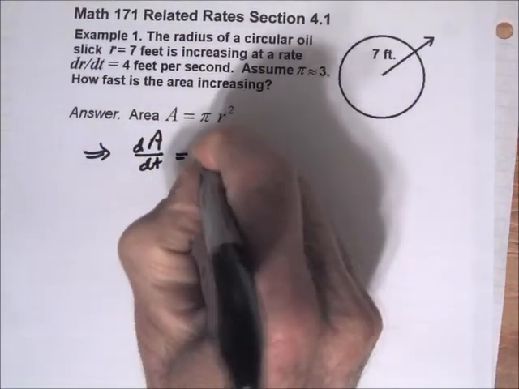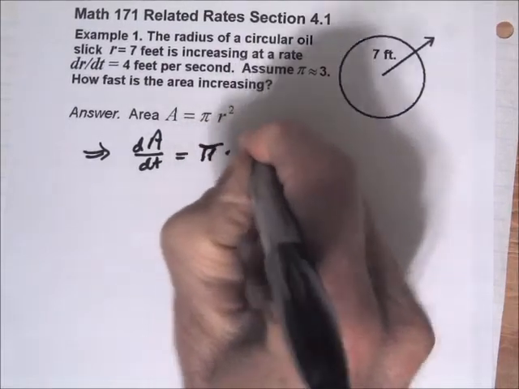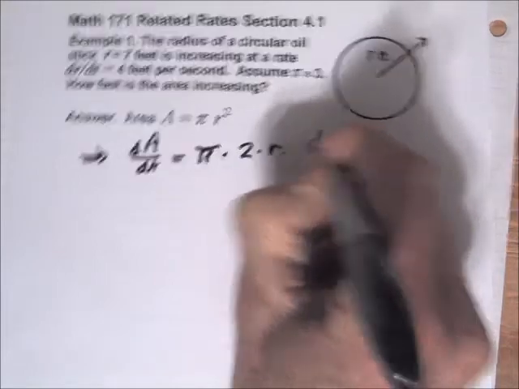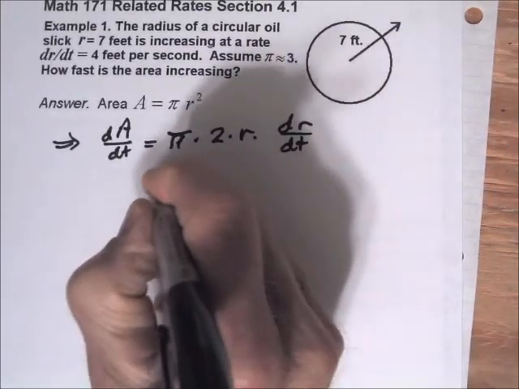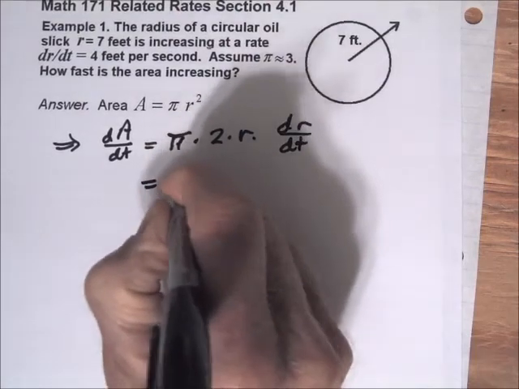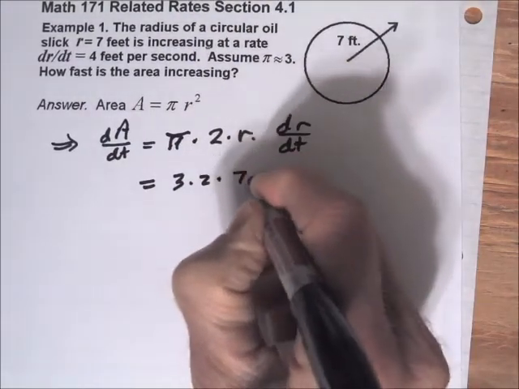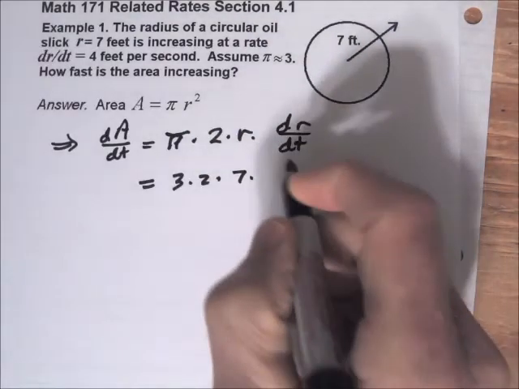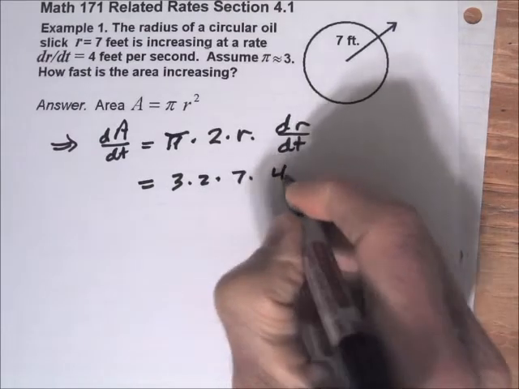is equal to pi times 2 times r times dr/dt. Okay, so pi is approximately 3, so this is going to be 3 times 2 times r, and r is 7 at the point that it's 7 feet, times 4.